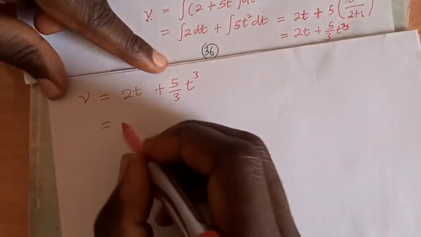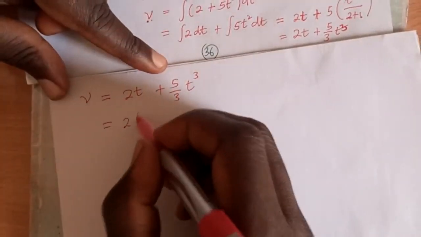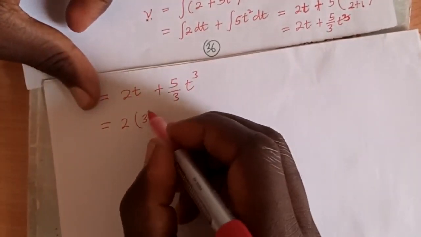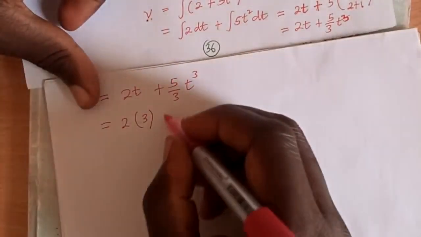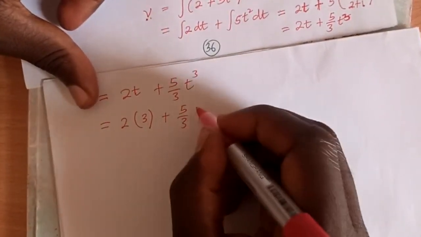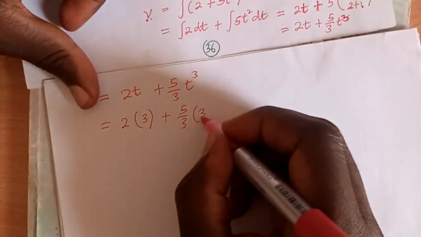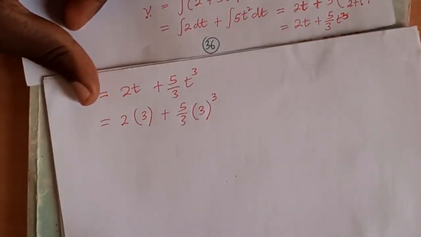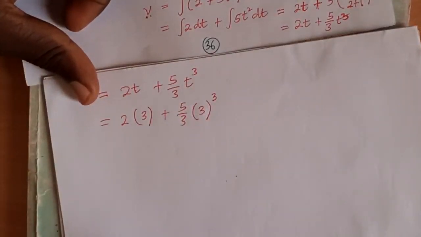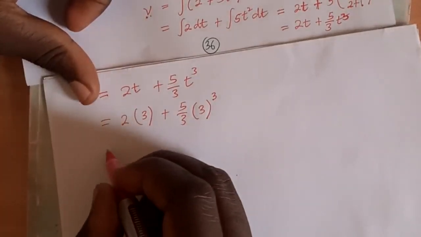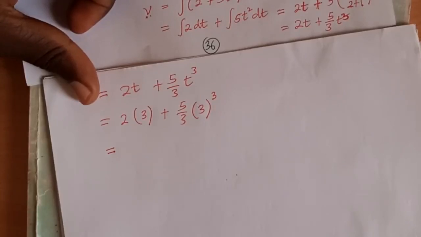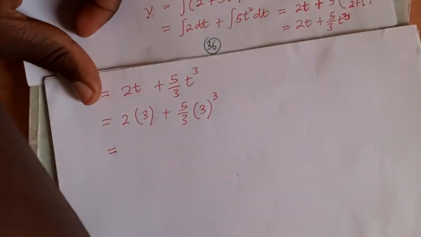This is equal to 2 into, because they say after 3 seconds, we put 3 here for t, plus 5 upon 3 into t, which is 3 seconds, close bracket, and I have a power of 3. If this gives you any difficulty, my advice is that you take your calculator.